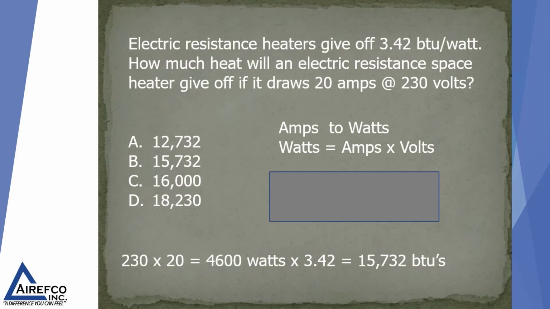Then we multiply that by the 3.42 BTU per watt, which gives us the answer of 15,732 BTUs. So this resistance space heater will give off 15,730 BTUs.